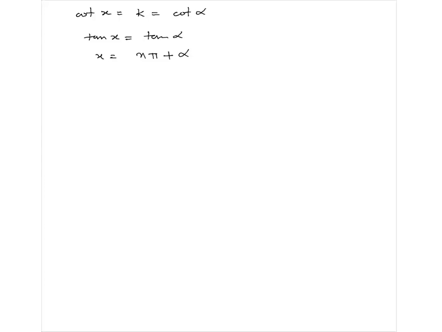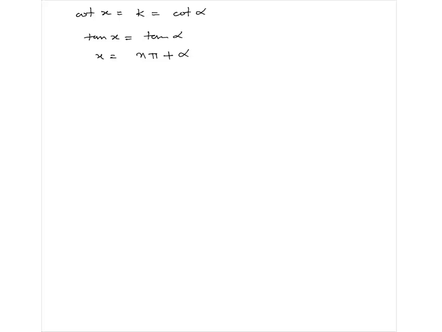Now you know that it is possible to convert from one trigonometric function to another by some adjustment. So if you are solving a problem, then it is possible to solve that problem in sine form or in cos form.